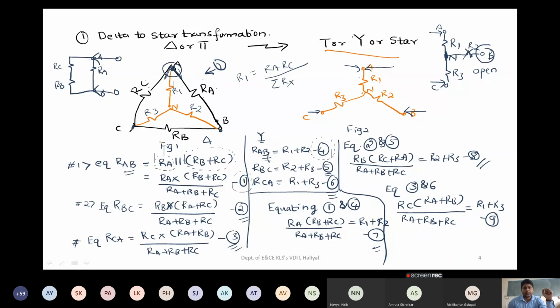Adjacent delta values are what? RA and RB divided by RA plus RB plus RC. That is the first way of looking. Otherwise, if you look into the node B, which resistors are connected? RA and RB. Take the product of RA and RB divided by RA plus RB plus RC.